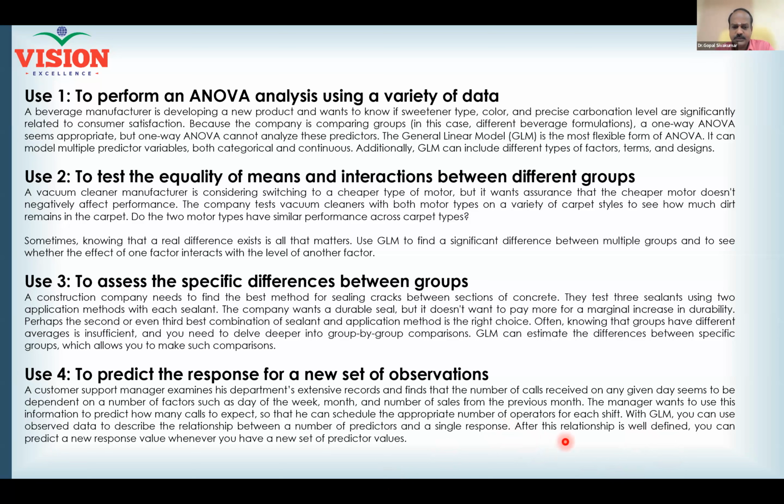So after this relationship is well defined, you can predict a new response value whenever you have a new set of predictor values. That means you can have the exact number of operators in place on any particular day in any particular month, because you have built a beautiful mathematical model. See, forecasting or prediction is a very, very important task. Most of the time, knowingly or unknowingly, you all do that work.